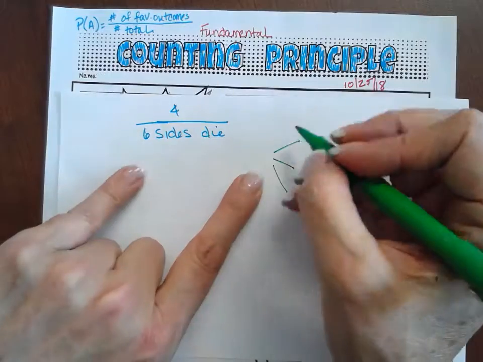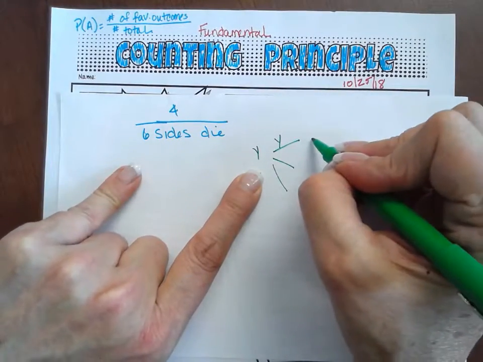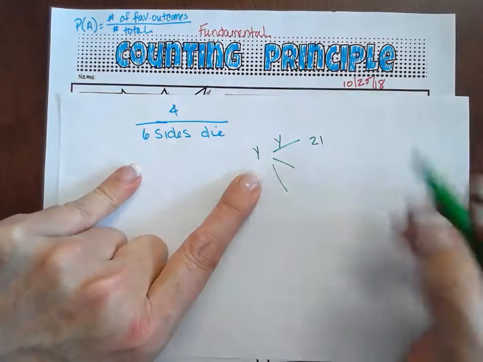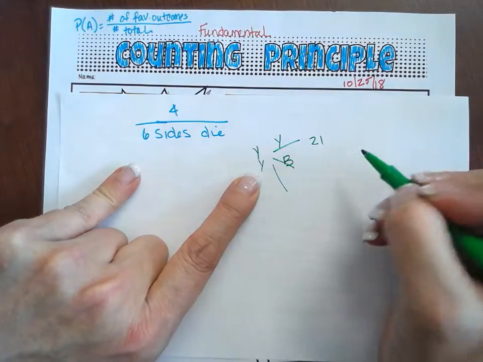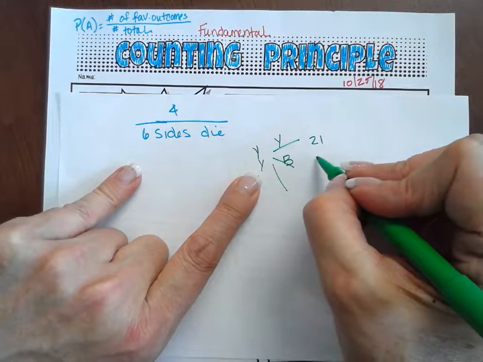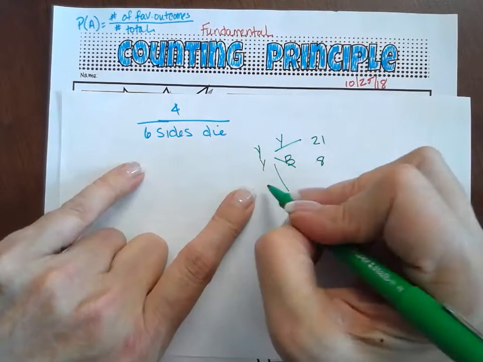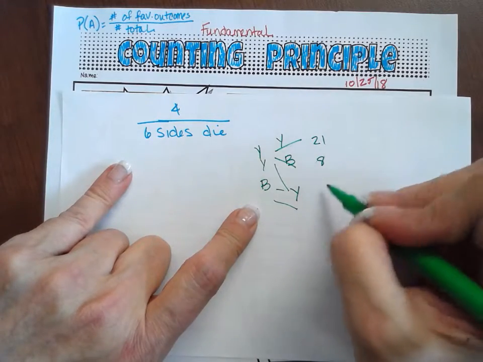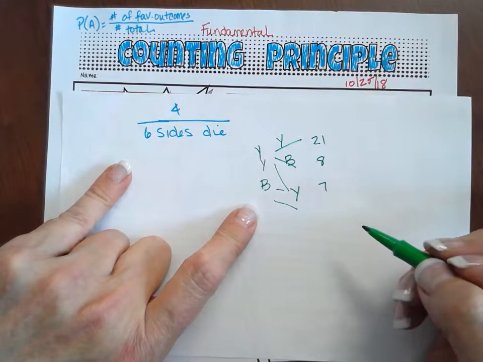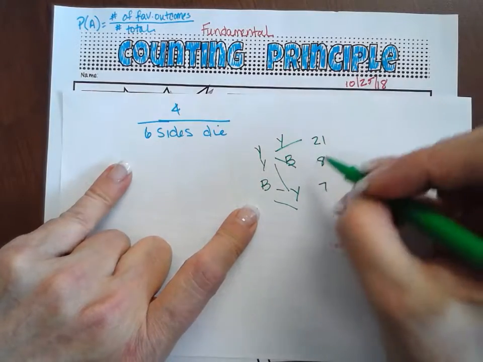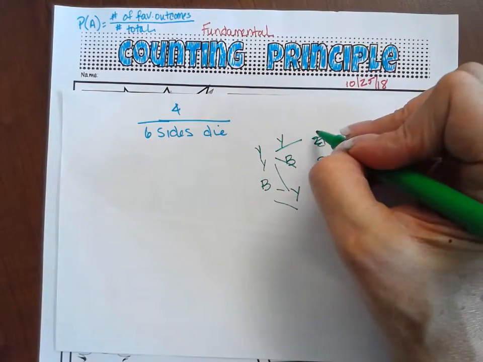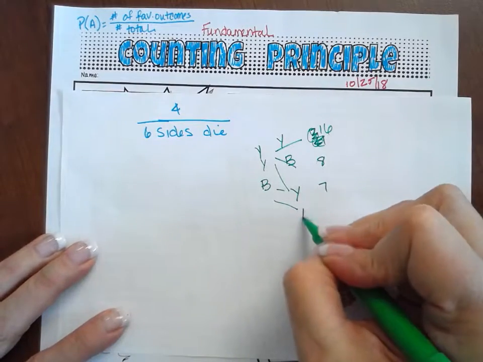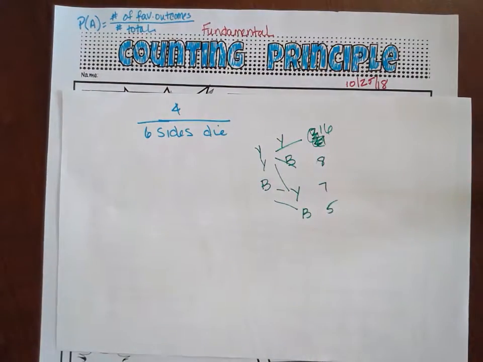Now, when you were doing the tree diagram, you had all these different branches, you had yellow, yellow, and it came up to, let's say 21. And then yellow and blue, and it came up to 8. And then blue, yellow, and it came up to 7. No, let's make this one 24, then 16, and then blue is 5.